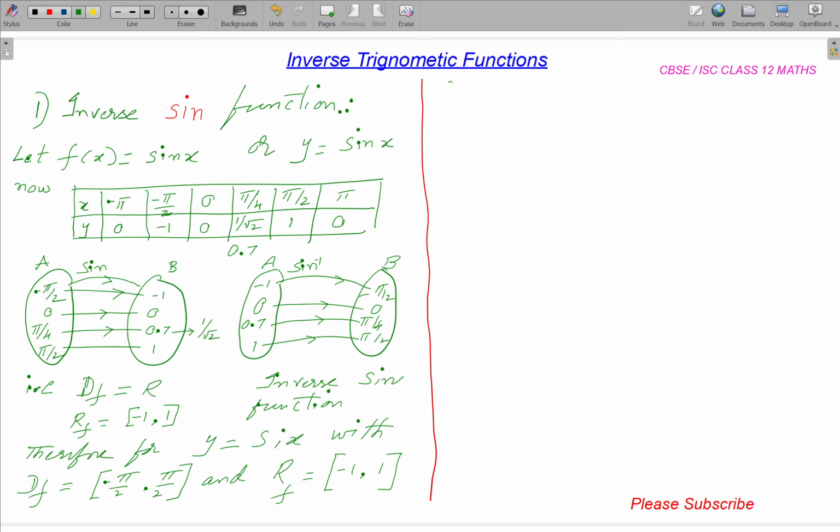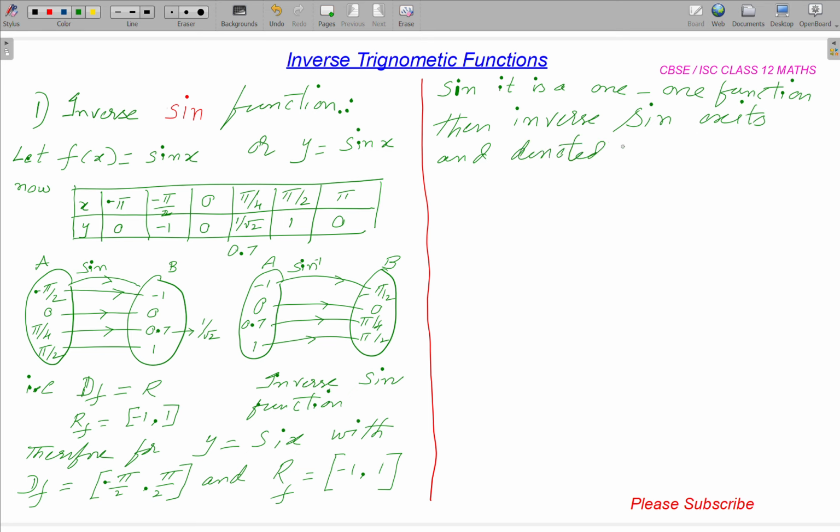Since it is a one-to-one function, the inverse of sine exists, and is denoted as arc sine or sine inverse.